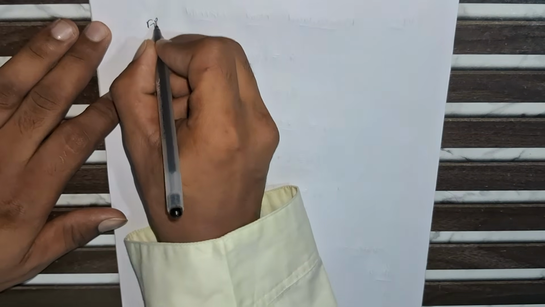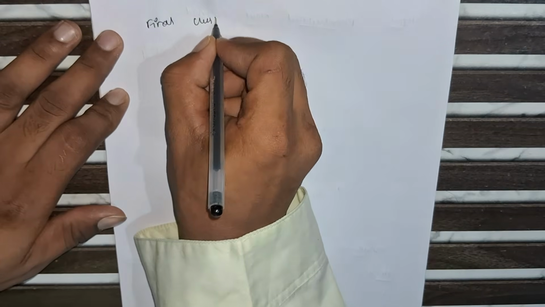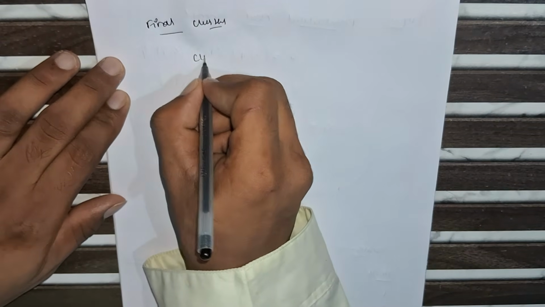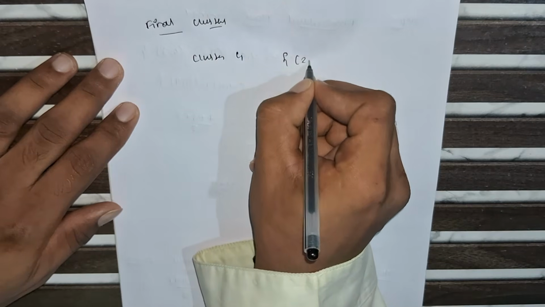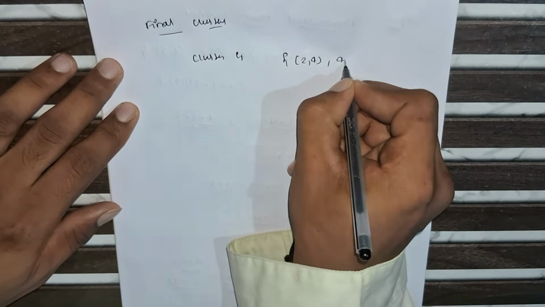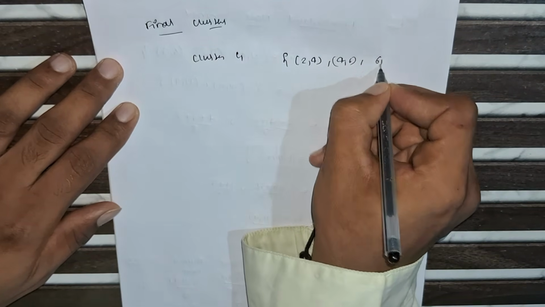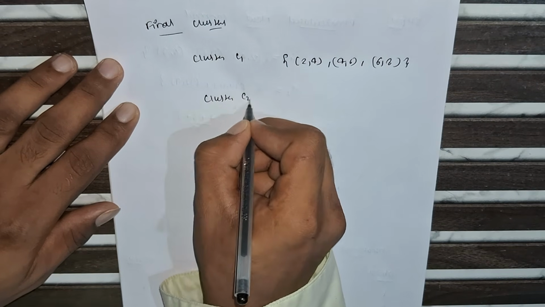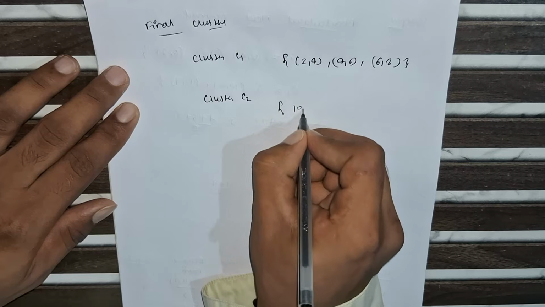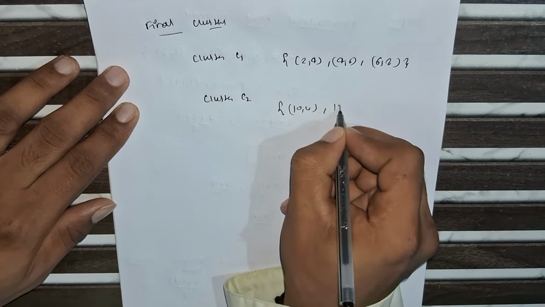So now our final clusters: C1 coordinates are 2, 4, 4, 6, and 6, 8. And for cluster 2, which is C2, our coordinates are 10, 4, and 12, 4.